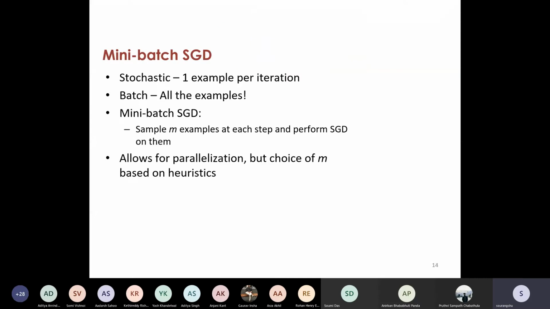So how do we solve that problem? The first way is, instead of using one example per iteration, we use a mini batch, or many examples per iteration. In general, you can use m examples per iteration. Earlier this was XT, YT.